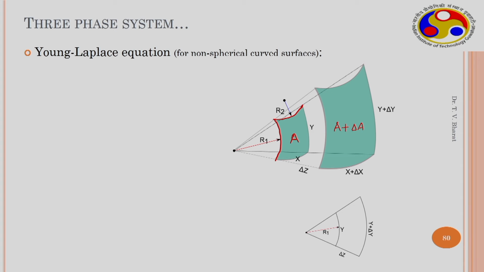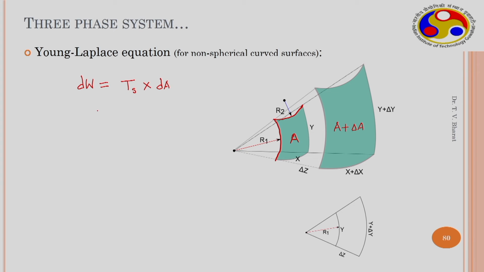Based on the work needed to increase the interface area by an infinitesimal amount delta A, the work done is dW equals Ts, the surface tension, times the change in area. Surface tension has units of Newton per meter or millinewton per meter, and area has units of meter square. So the multiplication of these two results in work, in joule or Newton meter.